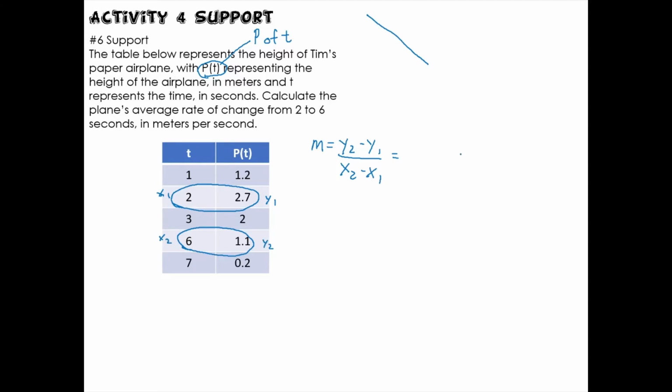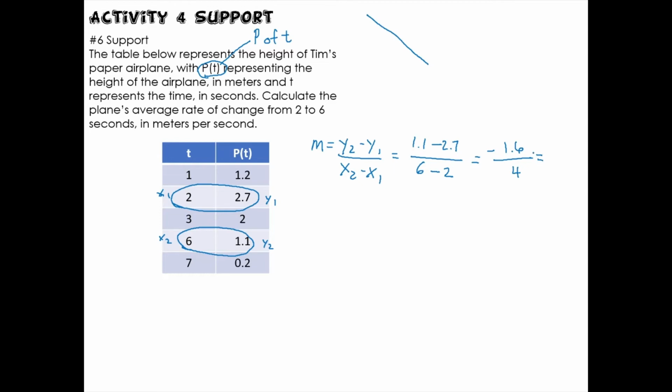Okay, and we're going to just plug those answers in. So 1.1 minus 2.7, divided by 6 minus 2. 1.1 minus 2.7 is negative 1.6, divided by 6 minus 2, which is 4.